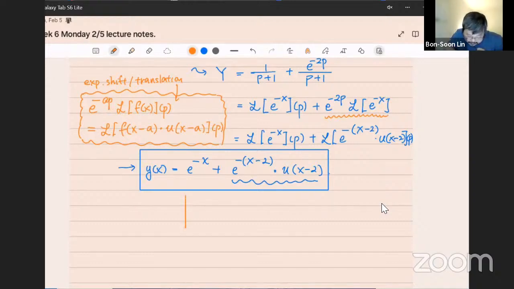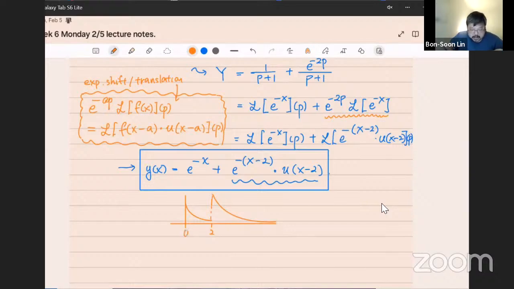Initially, it's decaying. And then at time 2, it jumps up by another e to the minus x, and then it decays from there, like that, because it's a sum of 2 exponentials. So that is what this graph will look like.